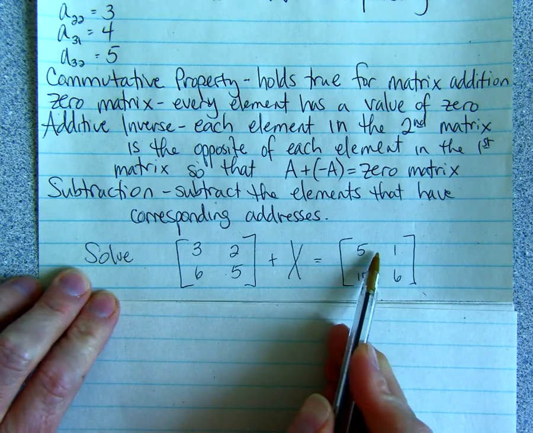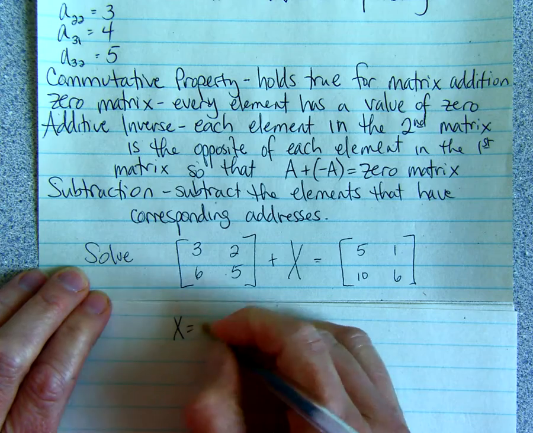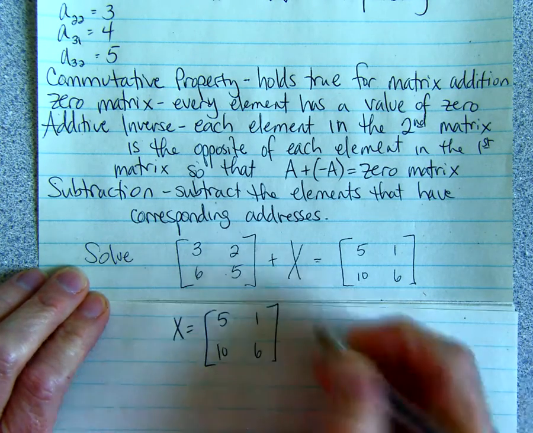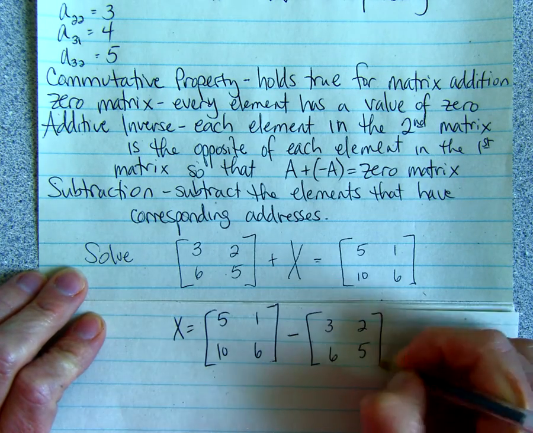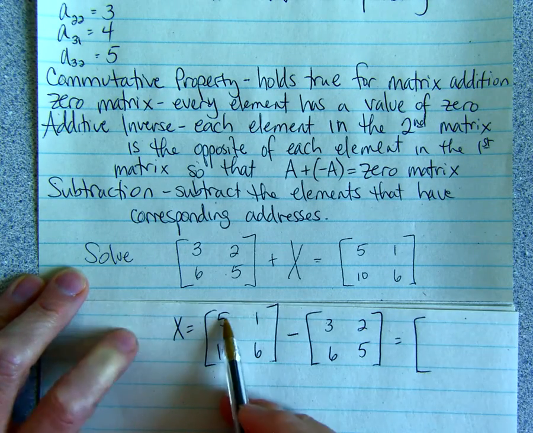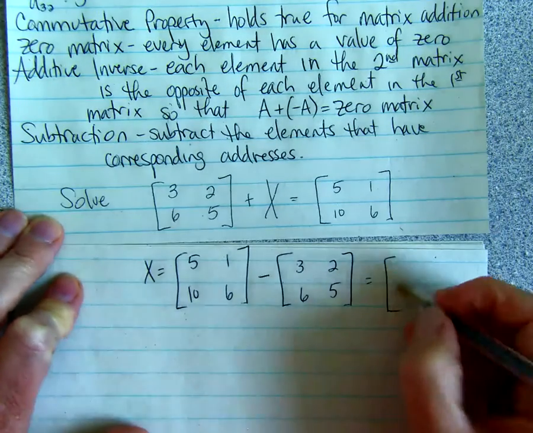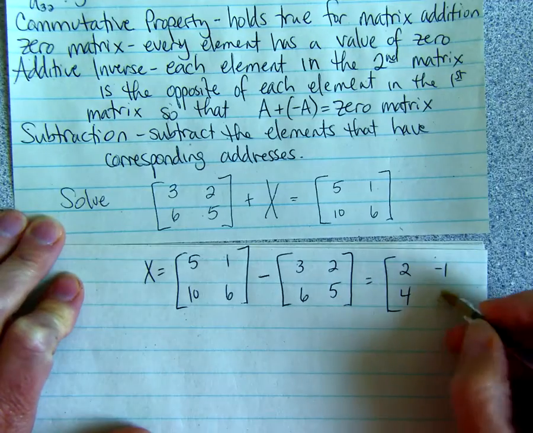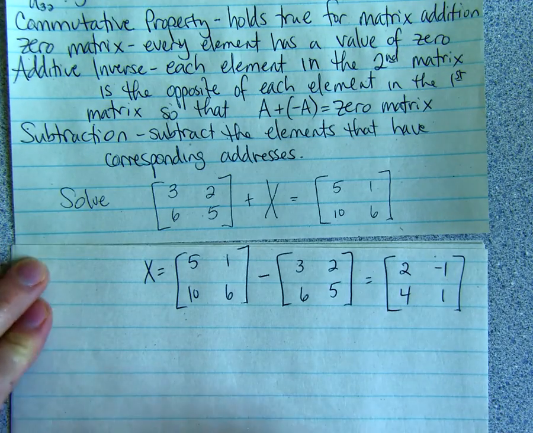So we're going to subtract this matrix from both sides. So x is going to equal this matrix minus that first matrix. And to subtract, we just subtract each of the corresponding elements. So 5 minus 3 is 2, 1 minus 2 is -1, 10 minus 6 is 4, 6 minus 5 is 1. So x is this 2 by 2 matrix.